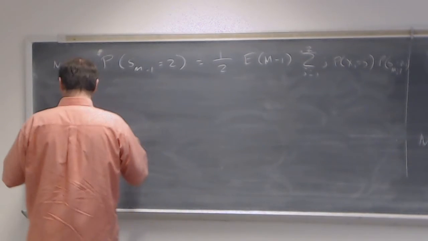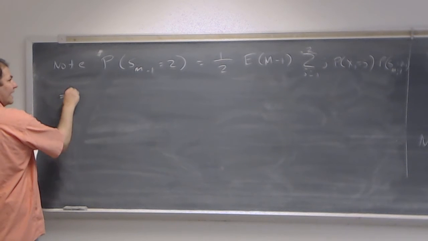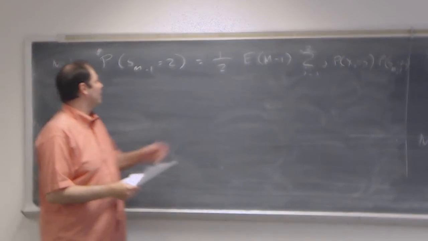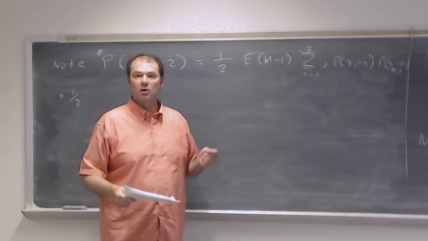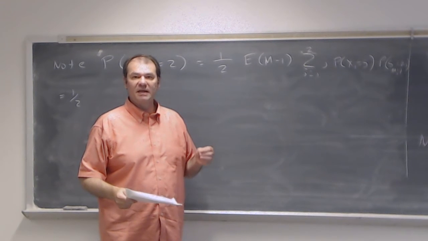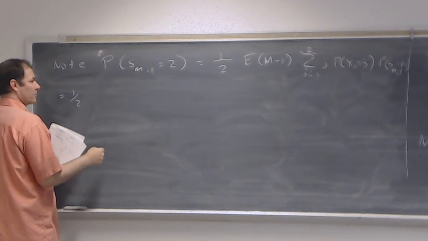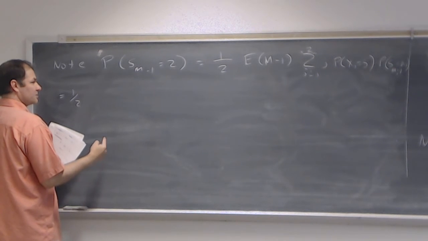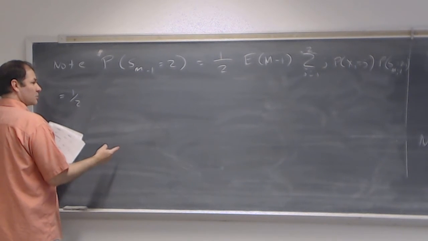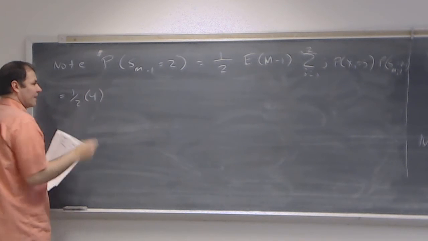This is going to be equal to 1/2, again, the M minus 1, because of the N being Poisson. We've got this M minus 1 is going to be Poisson with parameter the same thing as N, which was 4. So the expected value of that is 4.